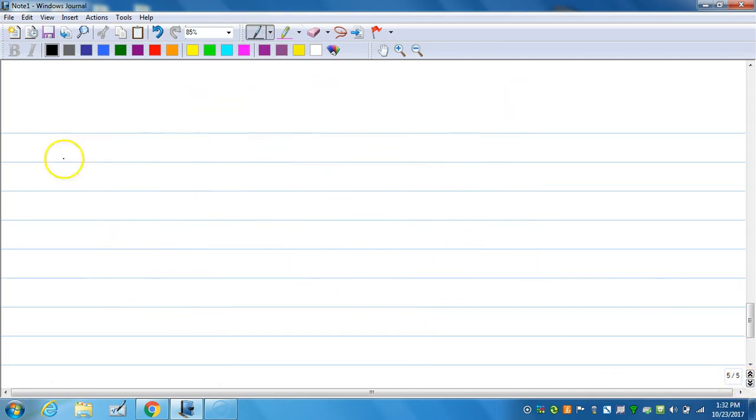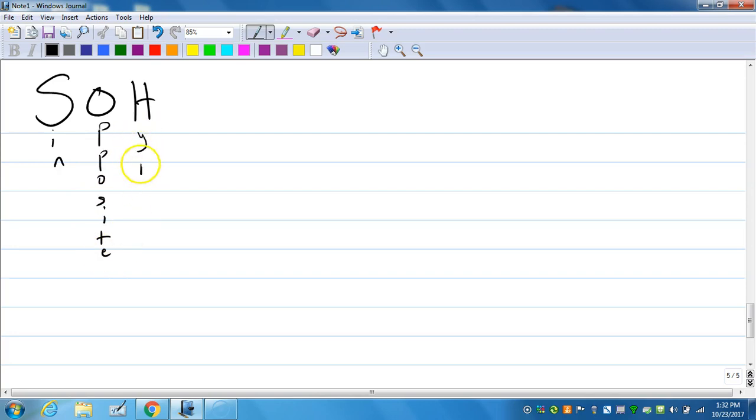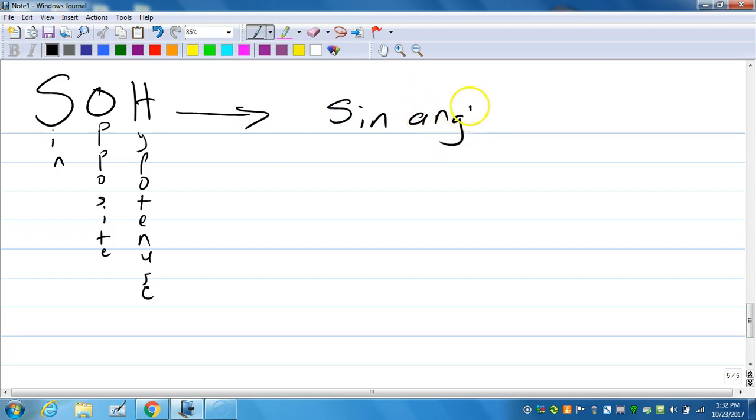So SOH. Sine, opposite, and hypotenuse. What this means is that to find the sine of an angle, and I can put here a symbol for angle, it might be angle A, angle B, whatever the question is.